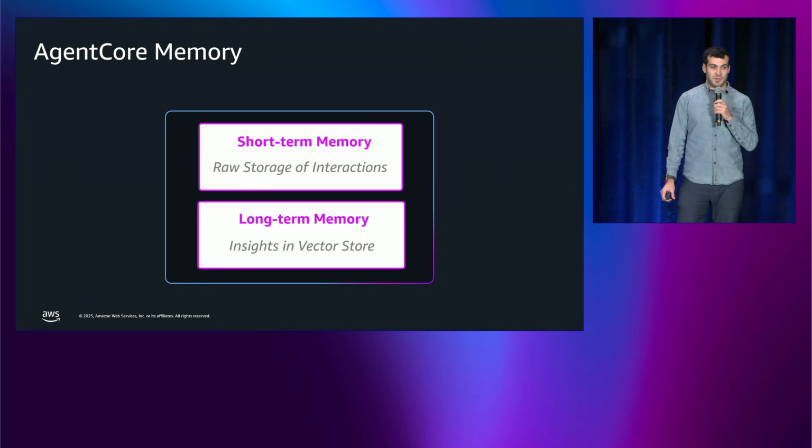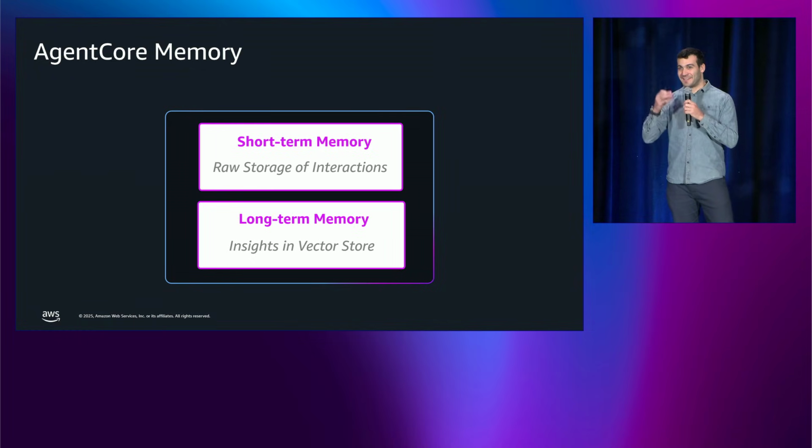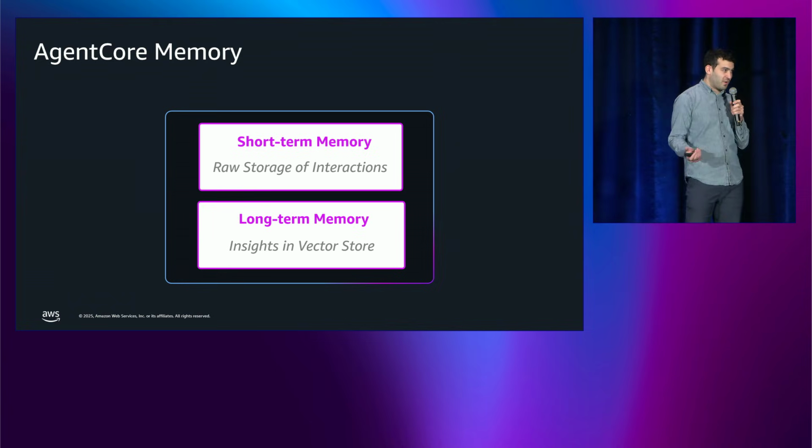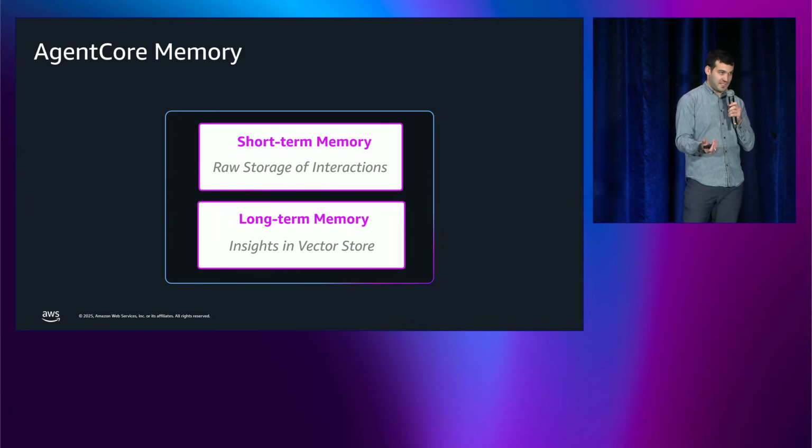It all starts with your memory resource. That's this blue and slightly pink box surrounding your short-term memory and long-term memory here. Within the memory resource, which you set up in your AWS account, we have short-term memory. That's your raw interaction history, word for word, that you remember more recently.